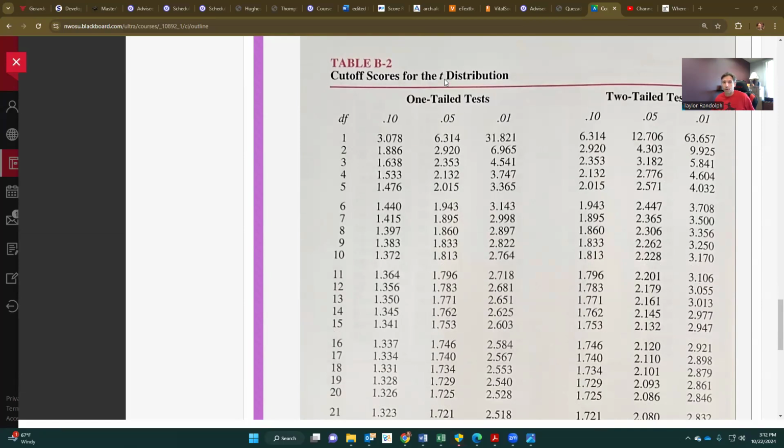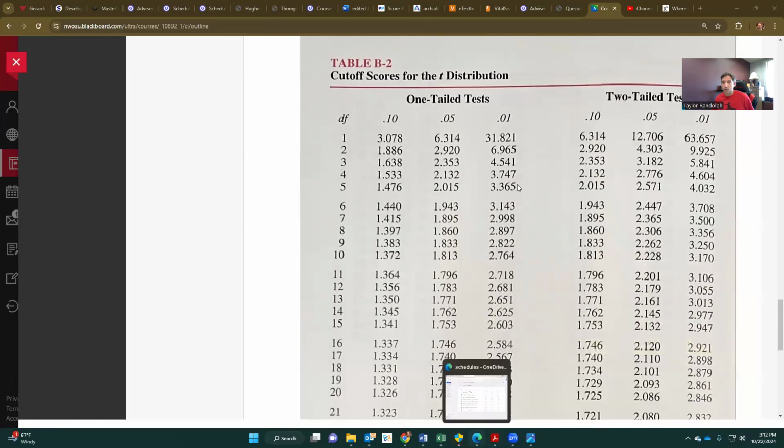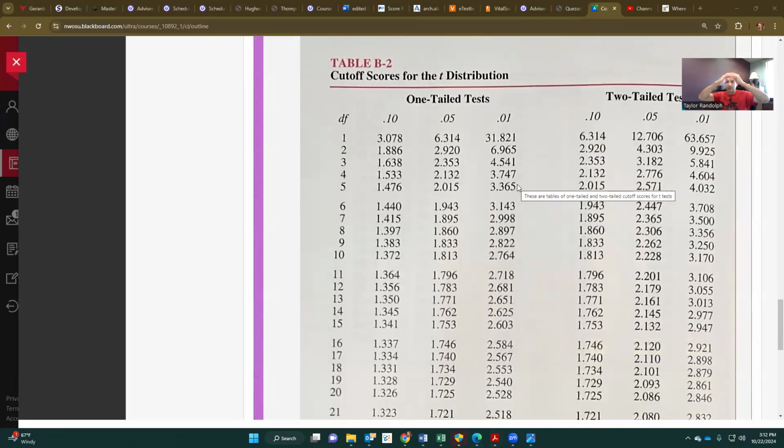So what will happen is when you run a t-test, you get a t-score, a t-value. Basically, that t-value is what I just showed you. It's like a z-score, only it's giving you a t-score of where this difference lies among the distribution of scores.